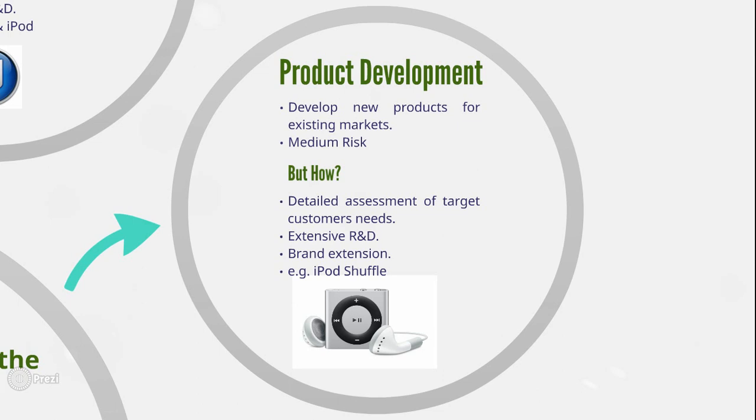Another form of product development would be brand extension. For example, let's take Kellogg's. Kellogg's have many kinds of cereals that come in different flavors. So it's actually the same brand with different product lines which suit different customers with different taste buds.